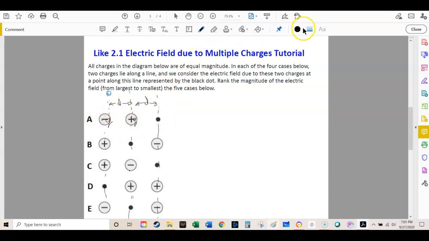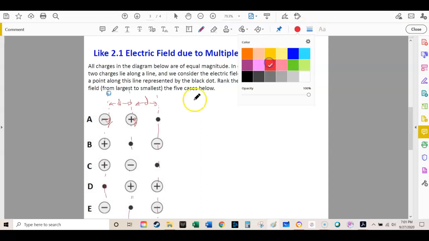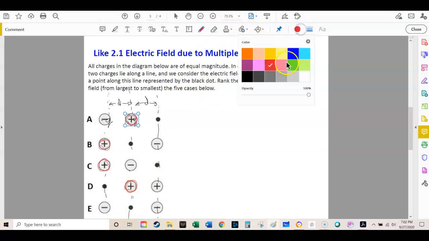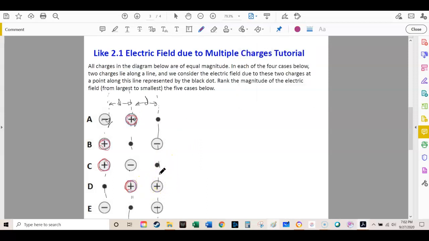So I'm going to call this guy this red charge. I'm going to use red to outline the positive charges, and this is going to be red, and I'm going to make the second red.